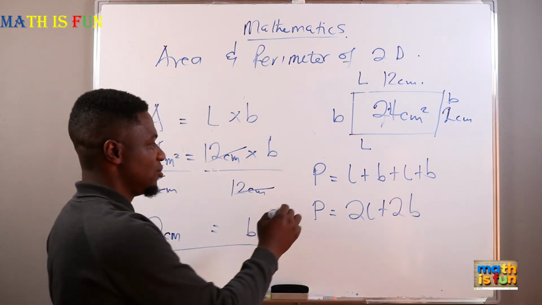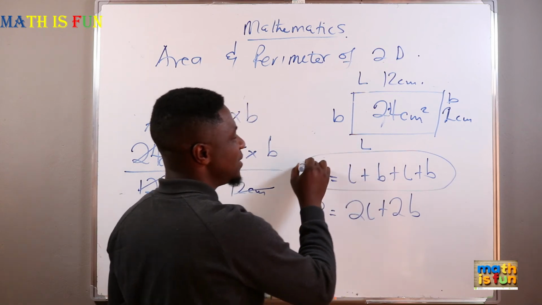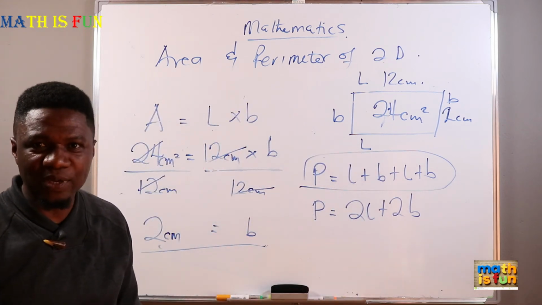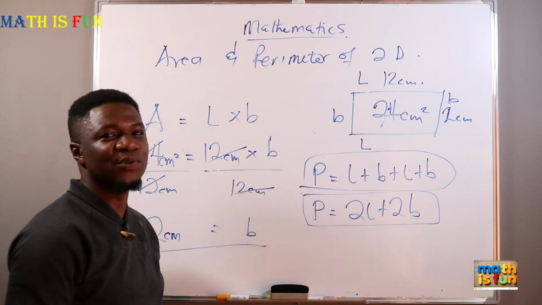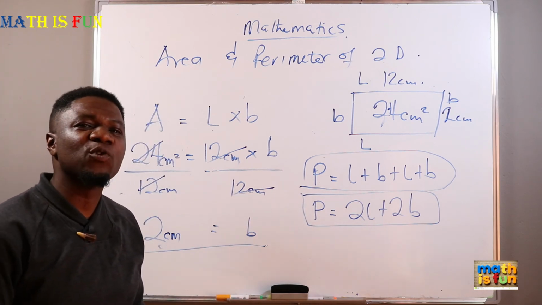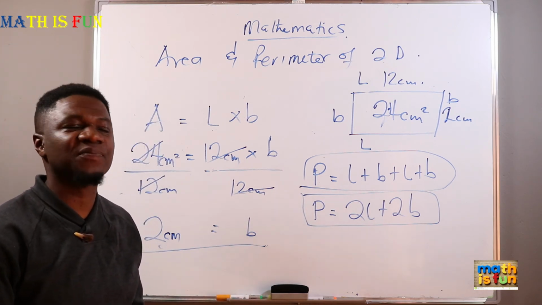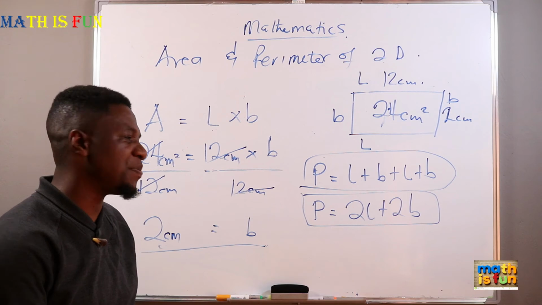So some will go by using that formula, you get an answer. Some will go by using this formula, you will get an answer. And some will also use the distributive property.